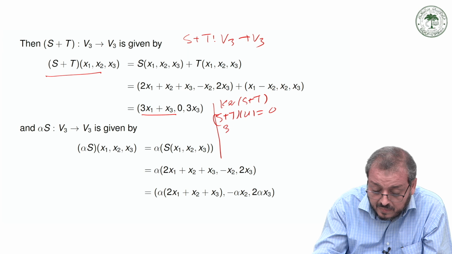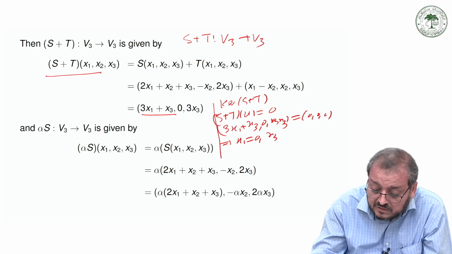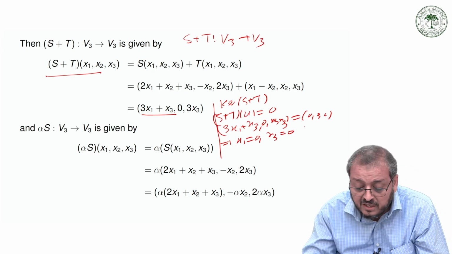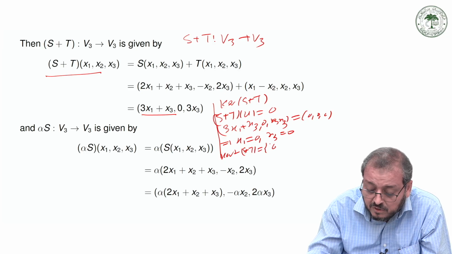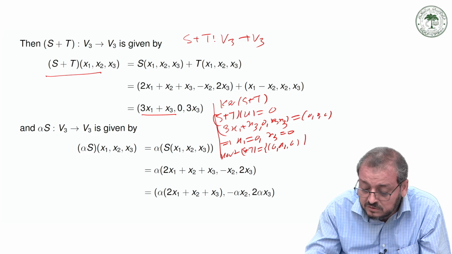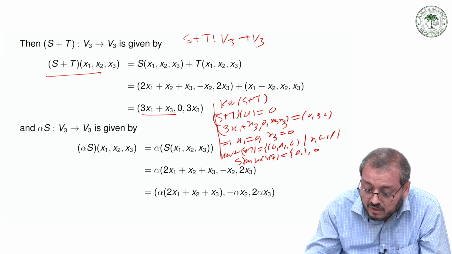So, you have 3x1 plus x3, 0, x3 is equal to 0, 0, 0. This implies that x1 is equal to 0, x3 is equal to 0, and x2 is anything. So, this means the kernel of s plus t is of the form 0, x2, 0 such that x2 is an element of R. So, the span of the kernel of s plus t is 0, 1, 0.